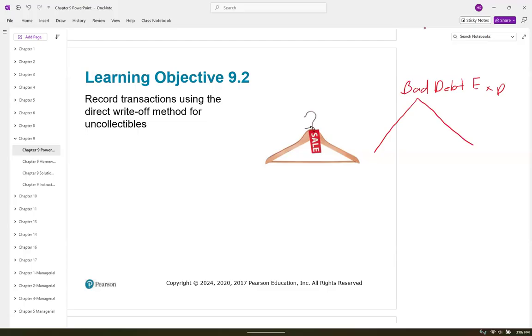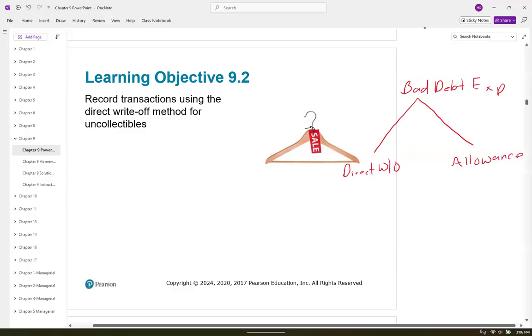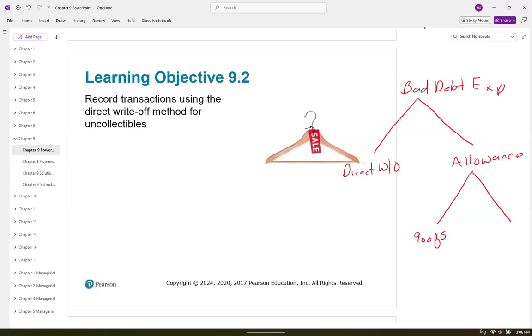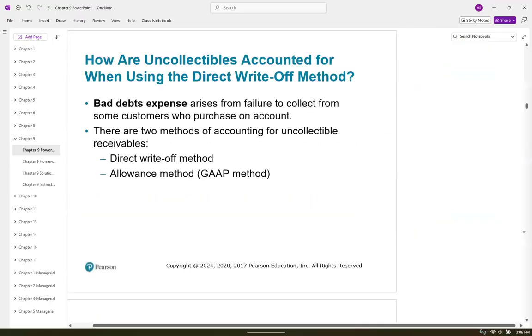This objective will be the direct write-off method. Then there is the allowance method, and there are two allowance methods. One is called percent of sales, and the other is aging.